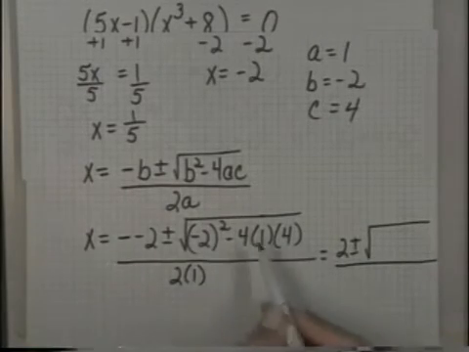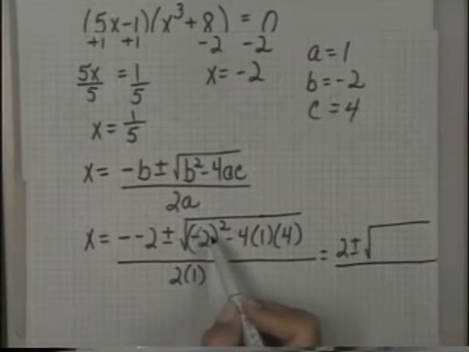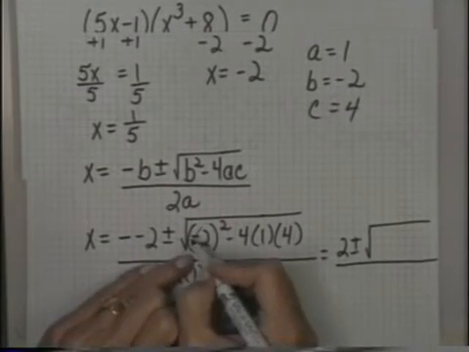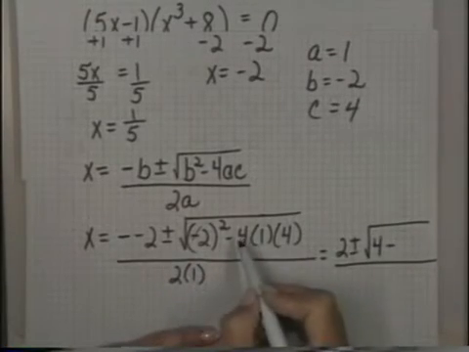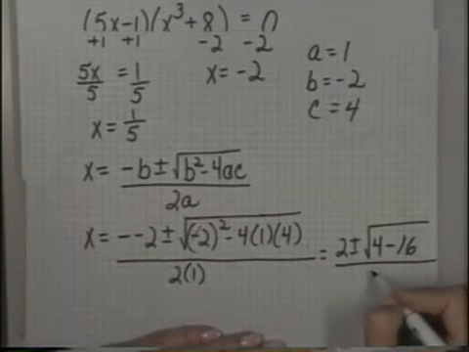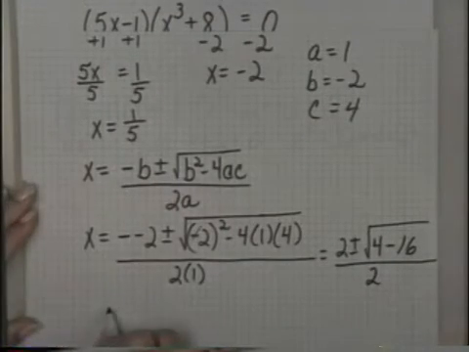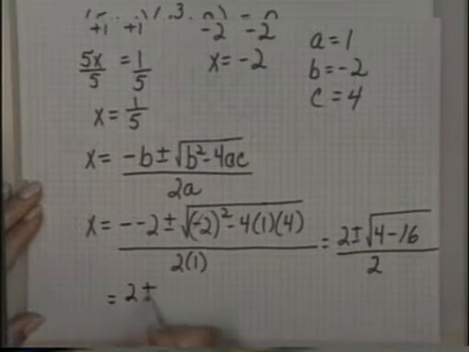We know that when we simplify this radical, we follow our rules of order, which say to square first, and then we may multiply. Negative 2 squared is positive 4. Subtract 4 times 1 times 4 is 16, all over our denominator of 2. We'll have 2 plus or minus.